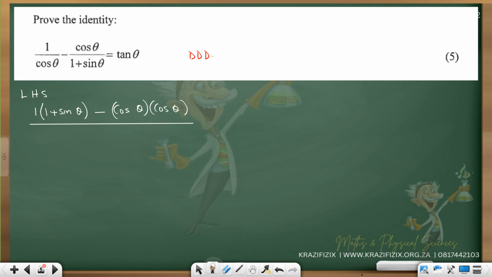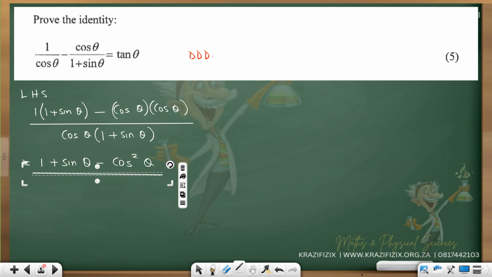Over, now I multiply the denominator, cos theta into 1. It will never fail you when it comes to fractions. Diagonal denominator. We can then simplify. If you multiply that, I'll have 1 plus sine theta minus cos squared theta over, you know what?